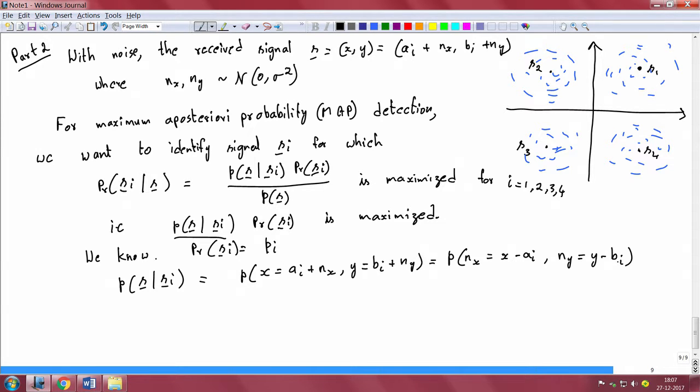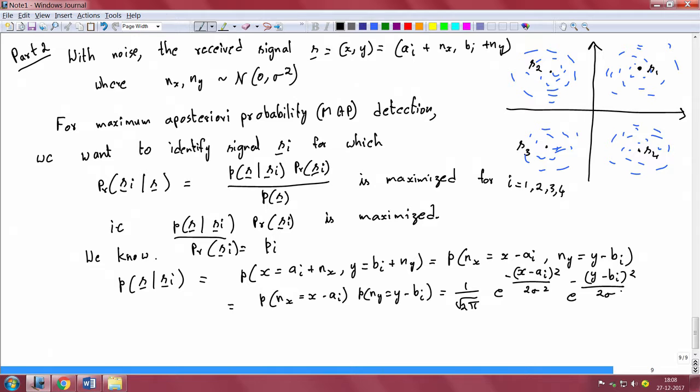And we know it was given that these noise samples nx and ny are independent. So, we can write them as probability nx equal to x minus ai times probability ny equal to y minus bi, and using the Gaussian distribution we can just write them as 1 by root 2 pi e power minus x minus ai squared by 2 sigma square times e power minus y minus bi squared by 2 sigma square.